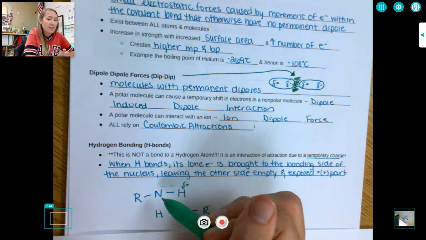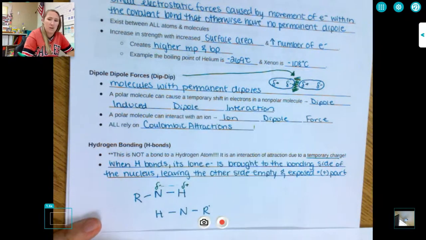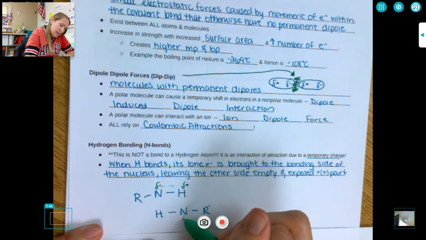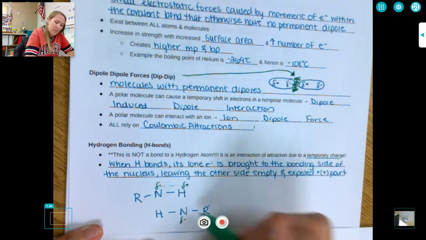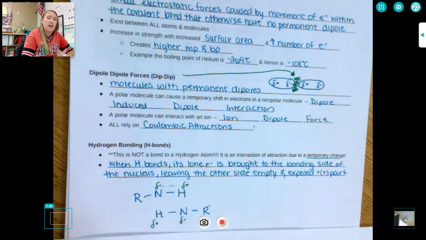Every once in a while it gets it, but most of the time nitrogen has it. So nitrogen becomes partially negative. Same thing here, same molecule, just flipped around. Nitrogen becomes partially negative because it holds more of the electrons. Hydrogen, partially positive. And so we have a stronger dipole action, and it's one of the strongest ones we can have. That's why it gets the special name.